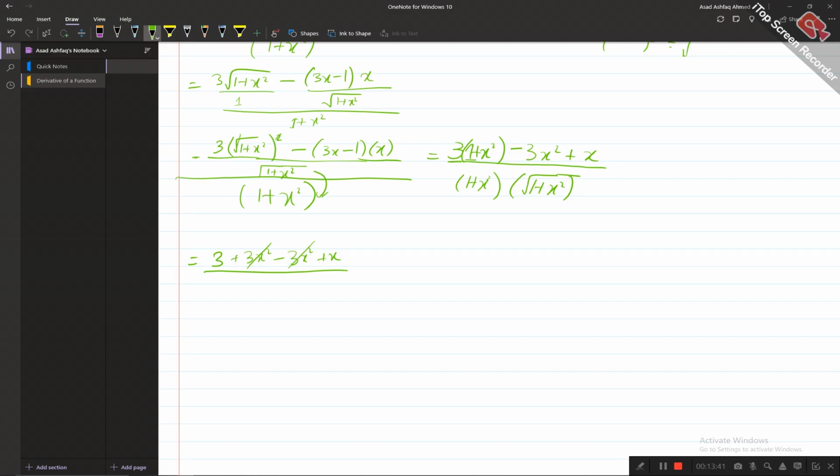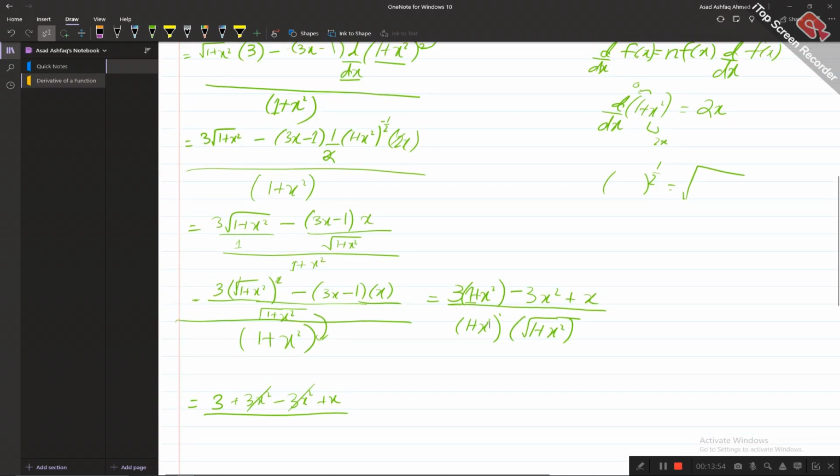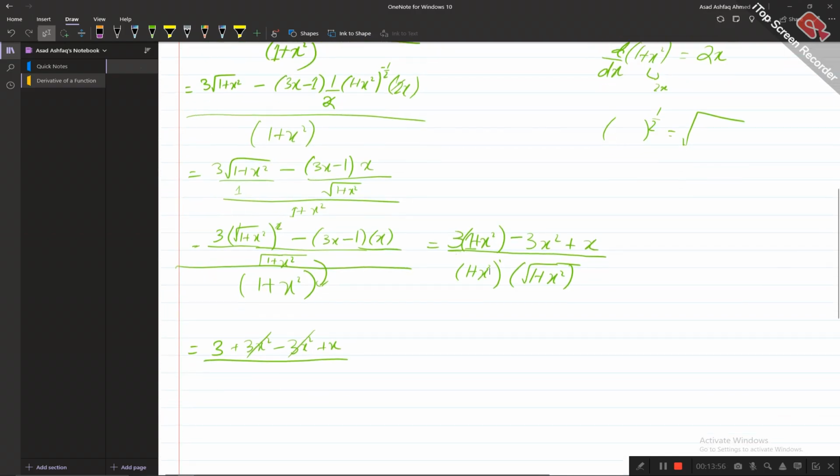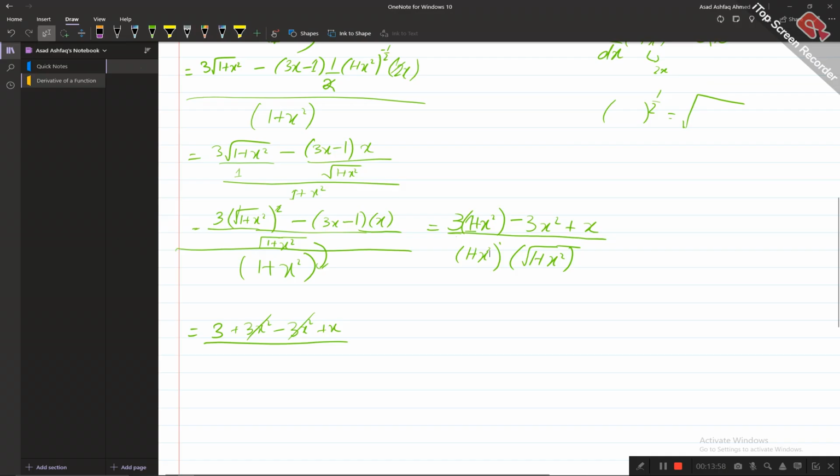now you have to understand that here it is power 1, and it has power 1 upon 2, because I already told you that power 1 upon 2 is square root. So when we add power 1 upon 2 plus 1, it gives us 3 upon 2.